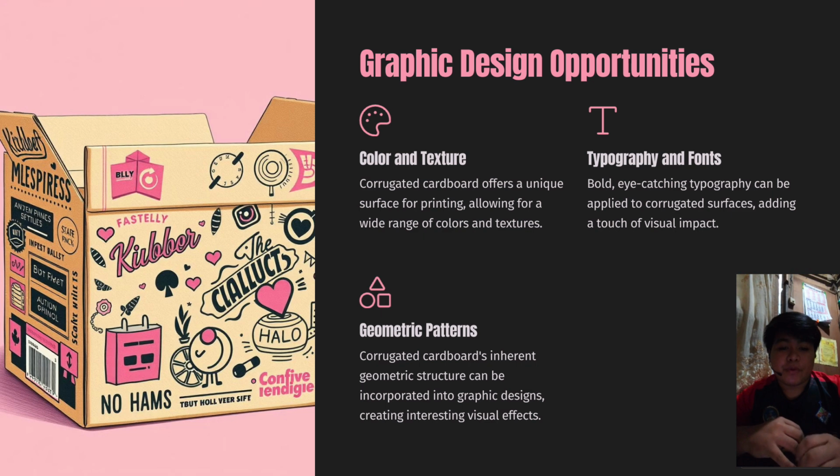Bold, eye-catching typography can be applied to the corrugated surface, adding a touch of visual impact. Then geometric patterns. Corrugated cardboard's inherent geometric structure can be incorporated into graphic designs, creating interesting visual effects.